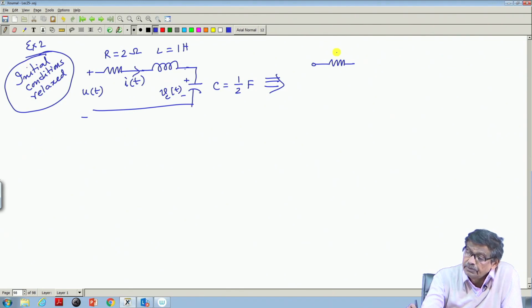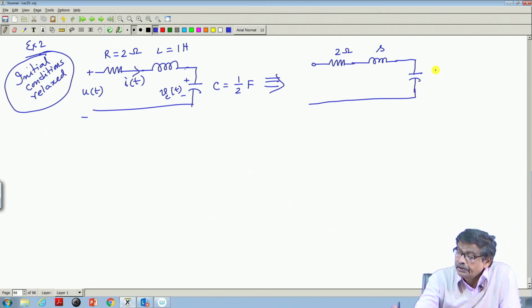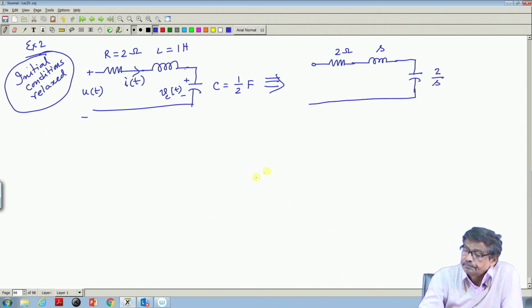So, I will simply write this is 2 ohm, R remains R, inductance remains S into L, so it will be S only, and this capacitance is 1 over C S. So, that will become 2 by S, is it not? And this voltage is your U s, Laplace transform of unit step voltage.